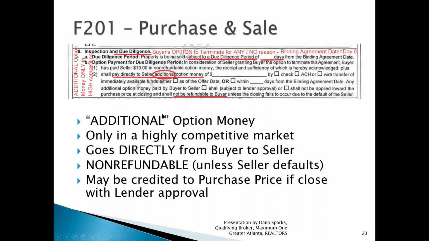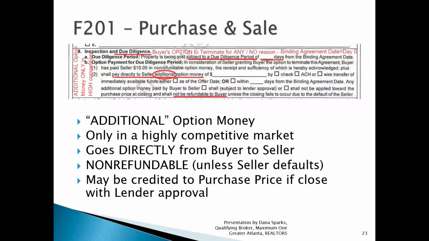All right. There is this section here where it says sellers shall pay additional option money. It's in addition to this $10 that never changes hands. We only see this in a highly, highly competitive market. In 2021 and the first part of 2022, we saw a lot of additional option money changing hands directly between a buyer and a seller because it is non-refundable to make a buyer's offer more competitive.